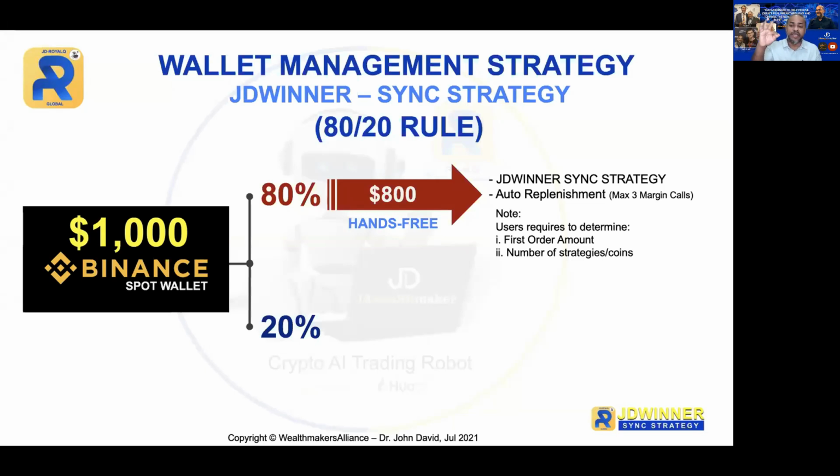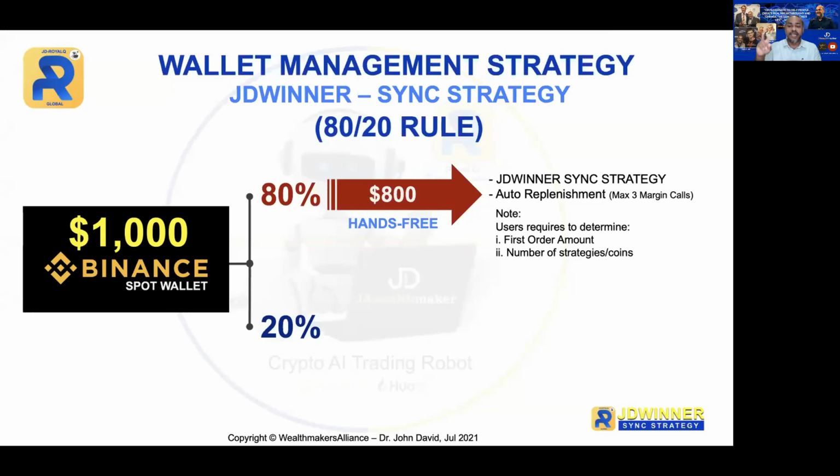There are 3 max margin calls already embedded into the scene strategy. That simply means your $800, or 80%, will take care of all these 3 auto replenishments. So you don't need to worry. Can you see that? You can leave the trade as it is, and if the market is declining, it will take care of all those auto replenishments.